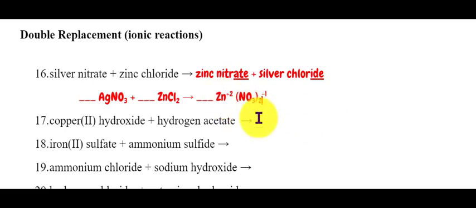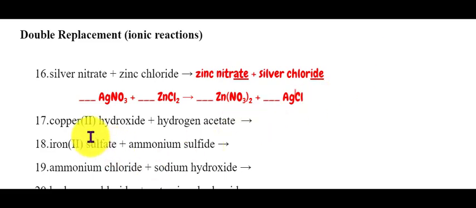So now zinc is +2, nitrate is -1. It is neutral. So zinc nitrate plus silver Ag is +1. Chlorine is -1. So it's neutral.